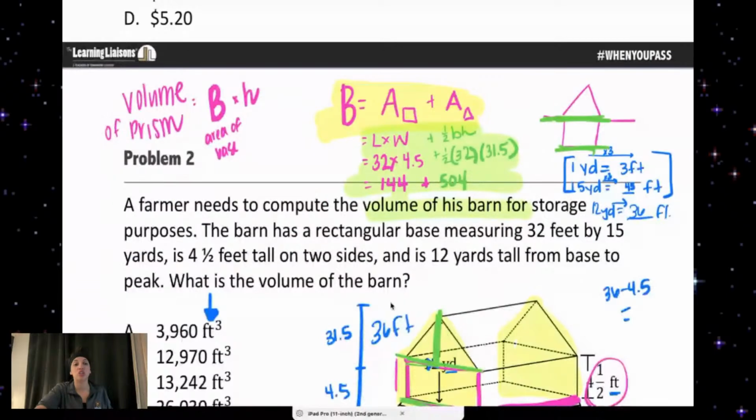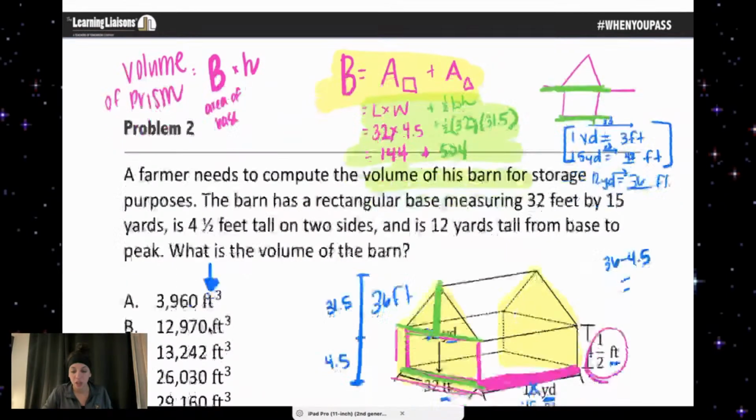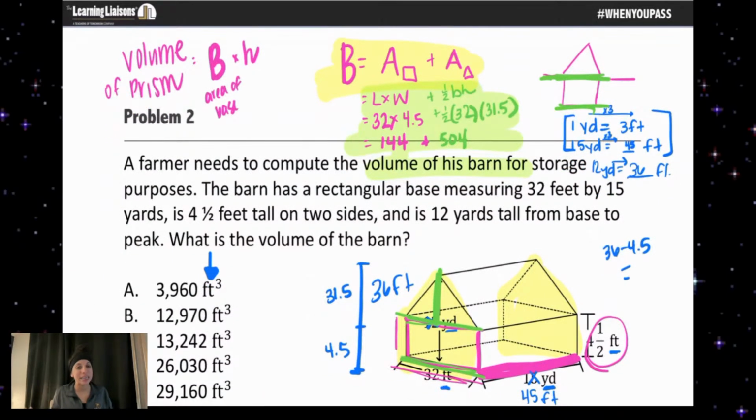But if I'm just solving and it's all over the place, then I might forget what 504 even was. I might forget what I was even solving for because there are so many pieces and parts to this problem. So that's why you see I did that piece.